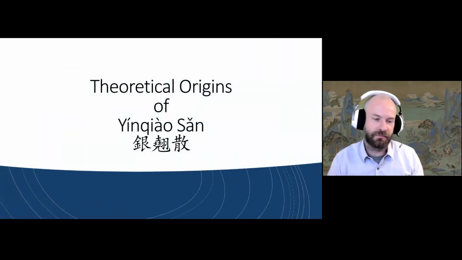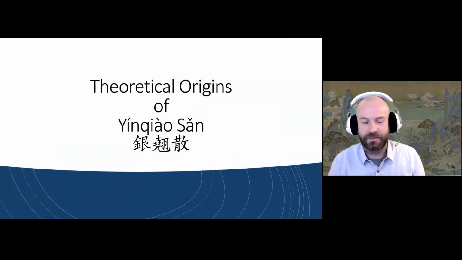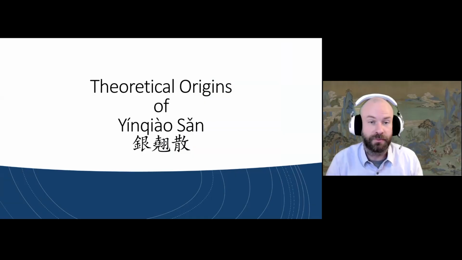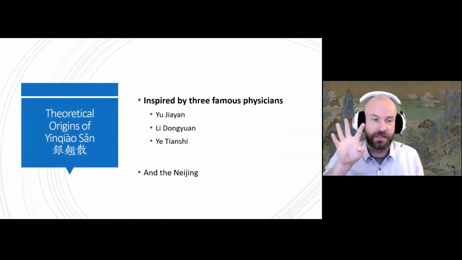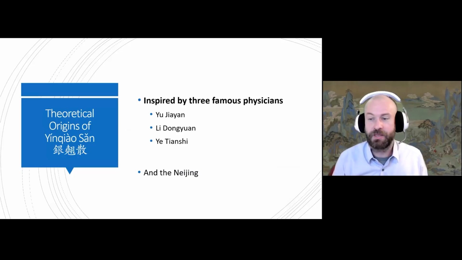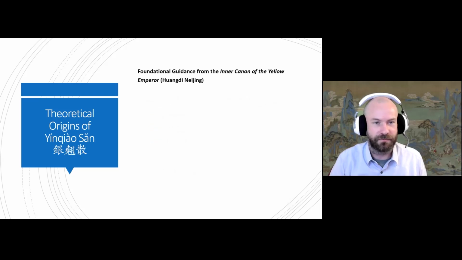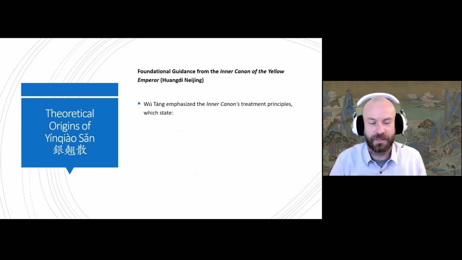So a question might be: how did Wu Jutong come up with these formulas? Zheng Wansuan argues that there are 4 main ways: he was inspired by 3 previous famous physicians, Yu Jiayan, Li Dongyuan, and Ye Tianshi, and he also argues that it comes from the Neijing. So first off, how is it from the Neijing?